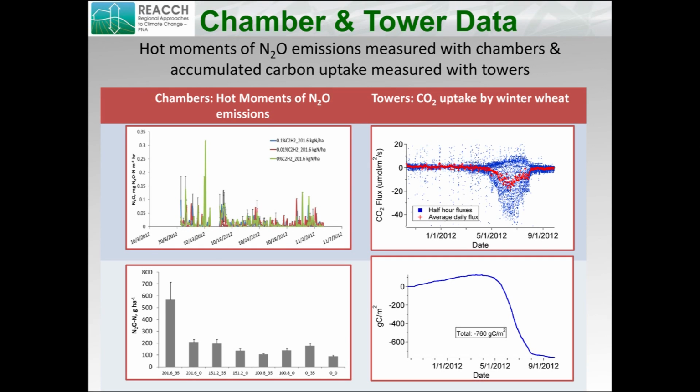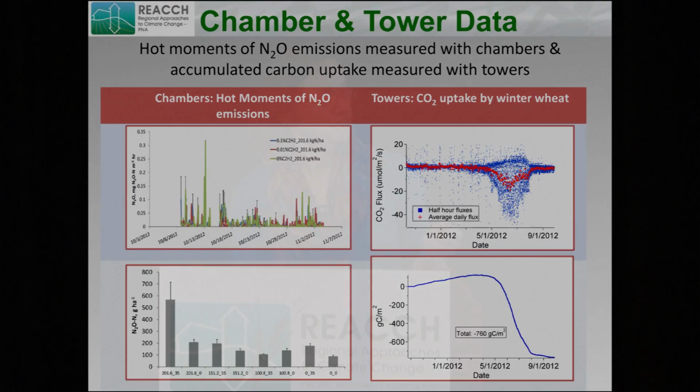This red line is the daily average. Once it gets to be around May and the wheat starts to shoot up, there's a big uptake of CO2. If we integrate that over the growing season, adding all those fluxes up, we can calculate the total carbon uptake of the season, or the net ecosystem exchange, or NEE.